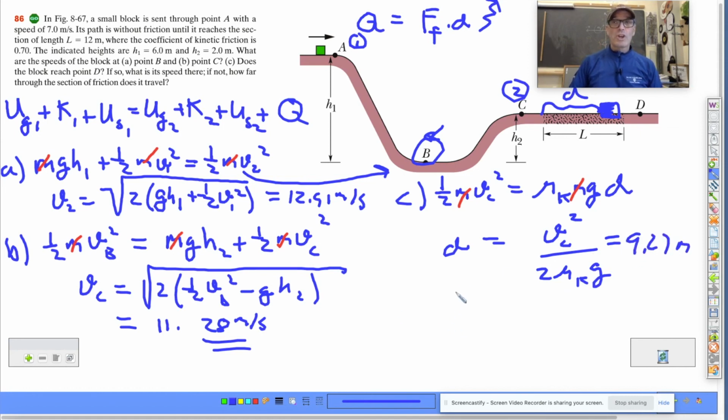Ooh. So in that case, it says that L is 12 meters long. All right, I guessed right. So the distance is less than the specified length, L. Okay. Check.